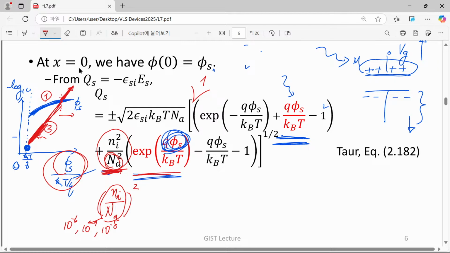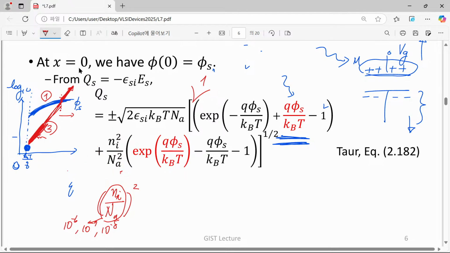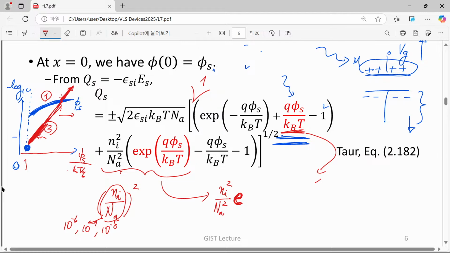So for example, here, good question, let me do more clear math. Let's say phi s equals the thermal voltage exactly. Then in its normalized sense, Q will become just 1. When you have a look at this term, its value will be Ni squared over Ni squared times 1, and that becomes just the natural number e. And when we have a look at this term, it becomes just number 1.